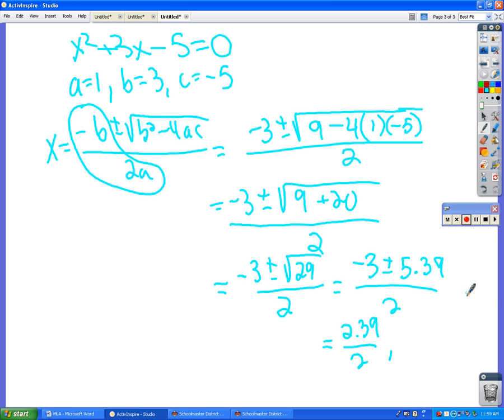So negative 3 minus 5.39 is negative 8.39, and then, like I said, I have to divide that by 2. So 2.39 divided by 2 is 1.2. And negative 8.39 divided by 2 is negative 4.2.